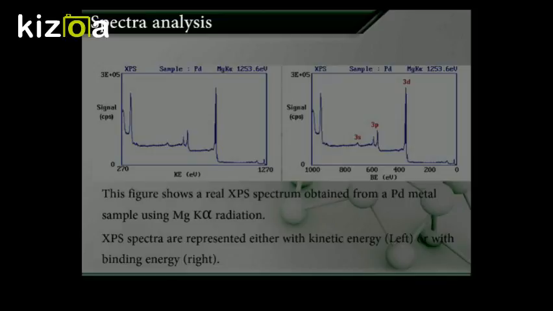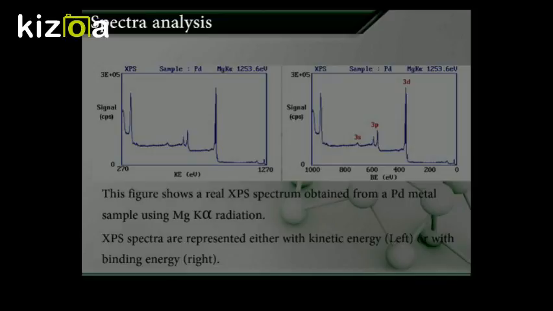The next peak is the most intense peak here, and it is at a binding energy of around 330 electron volts. This peak is due to emission from the 3d levels of the palladium atom. In addition to that, we recognize the 3p and 3s levels with peaks at around 550 electron volts and 670 electron volts respectively.